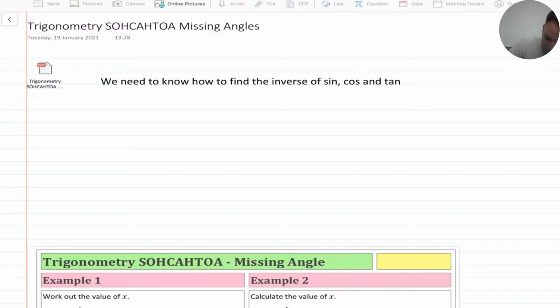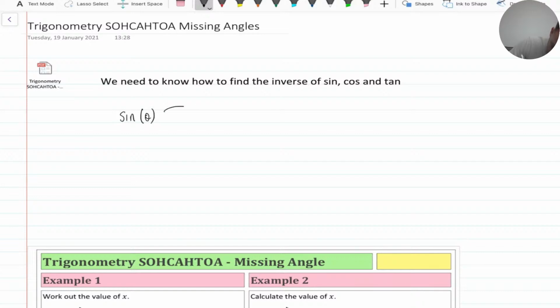So we know that if we've got sine of something, so sine of theta, let's say, the inverse of that, to get rid of the sine, would be sine to the minus 1.